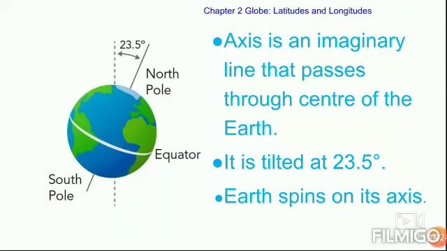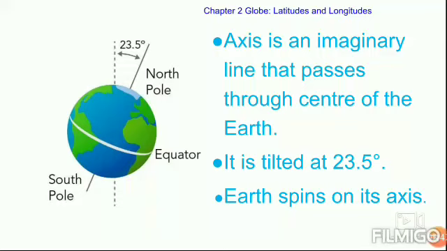Before we move further, let us also know what an axis is. If you see the dotted line here in this picture, the dotted line indicates the perpendicular of the earth. But I told you before that earth is not completely perpendicular, it is tilted.